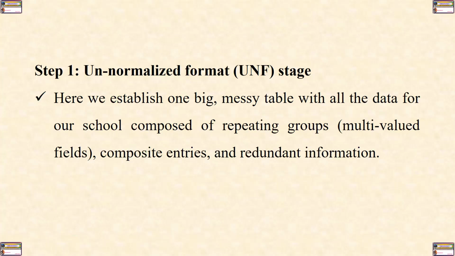So in stage 1, we gather all our data together in one large messy table, or just call it one flat file, a file with all the data that we are going to need in our database.